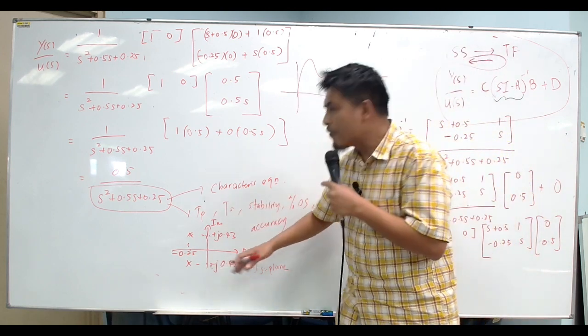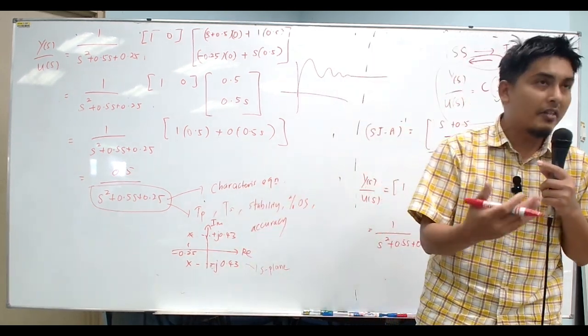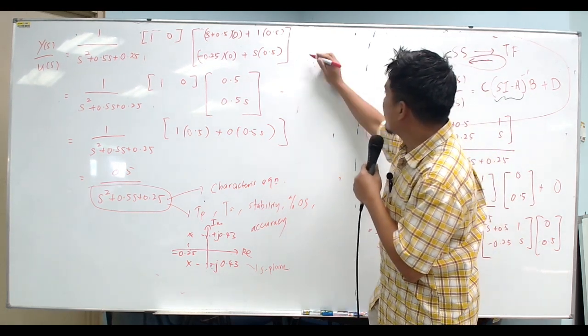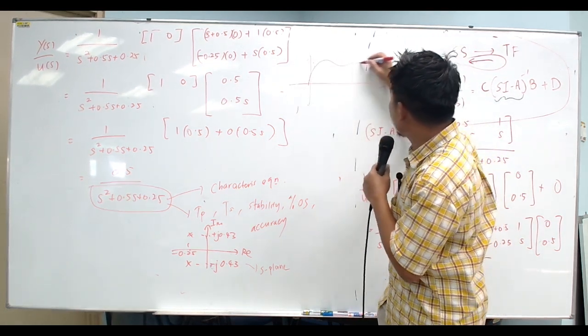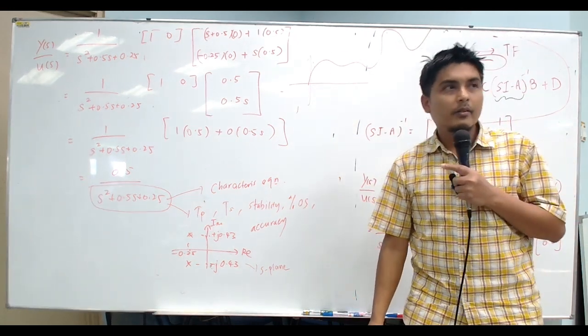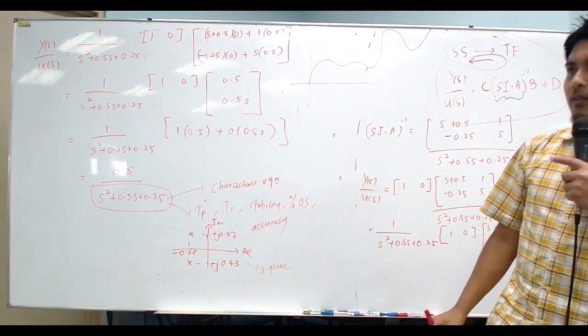If you plot it and find the system is unstable, for sure you will get an unstable output. Is it clear?